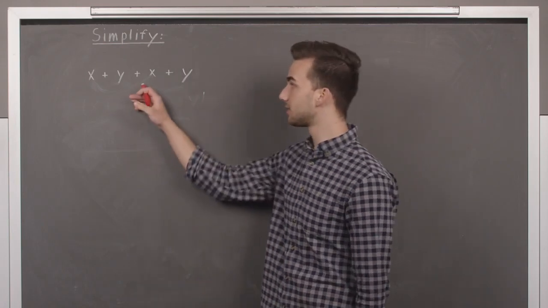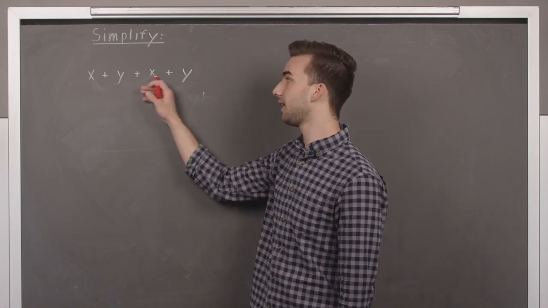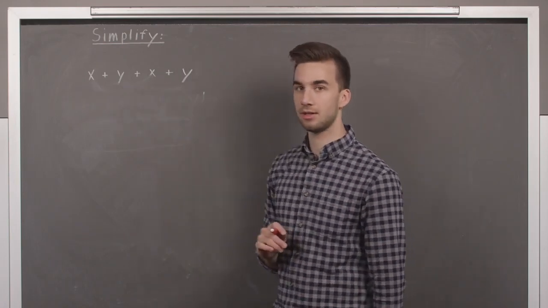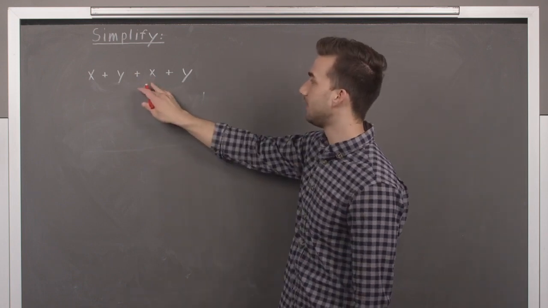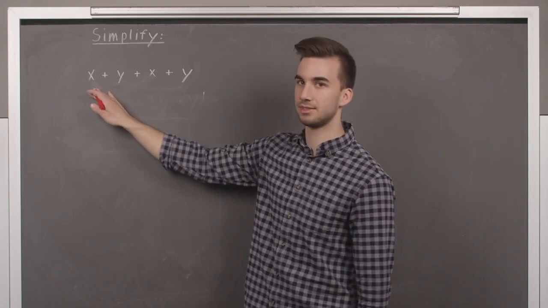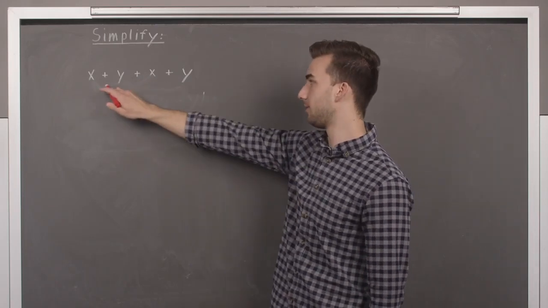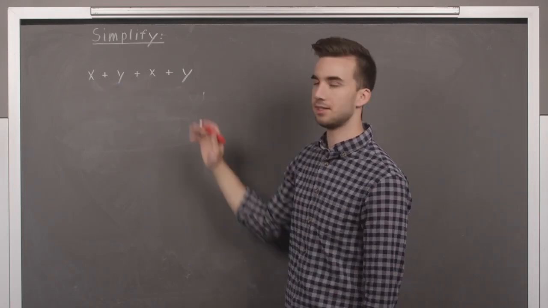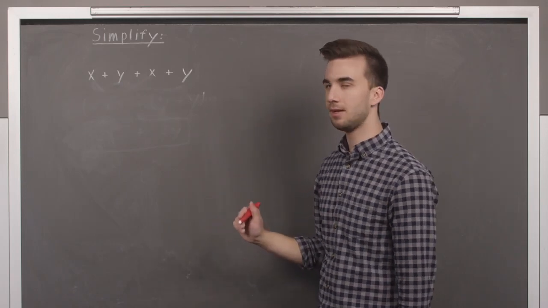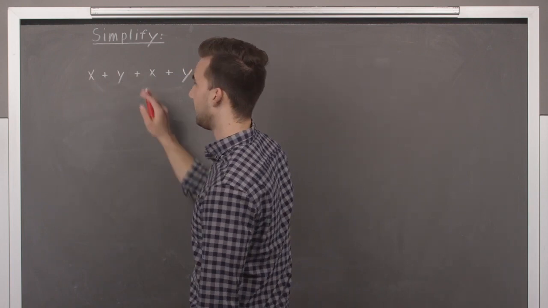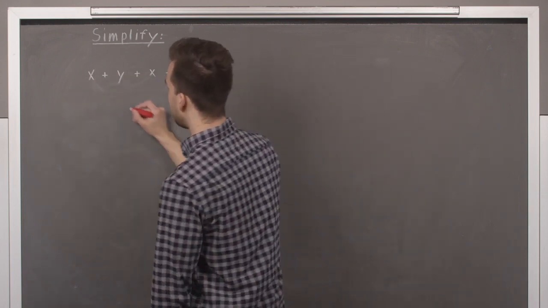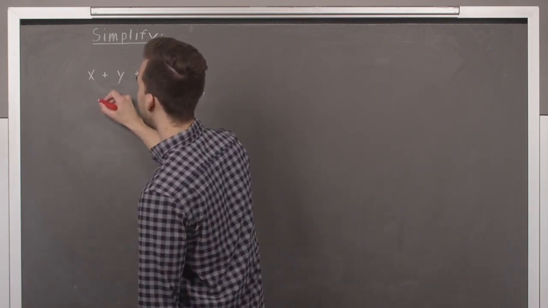Well, in this expression, we have x's and y's. So I'll show you, all we have to do is we combine everything that is the same. So all the x's we're going to add up, and then all the y's we are also going to add up. But first, let's just rewrite this expression with the x's side by side so that we can see how to add them better.